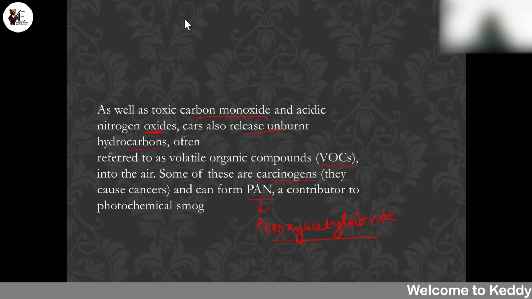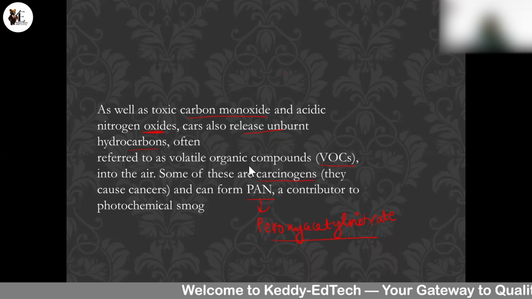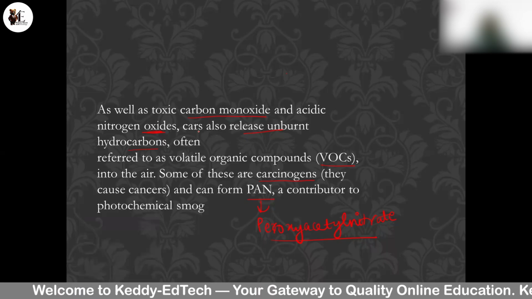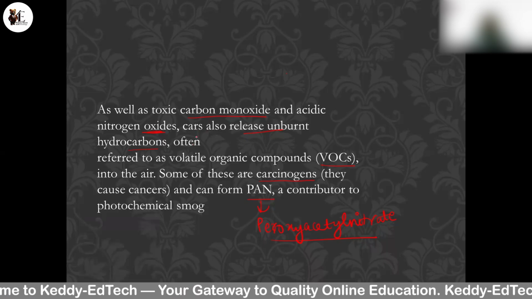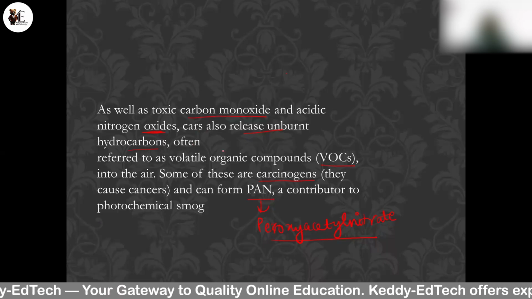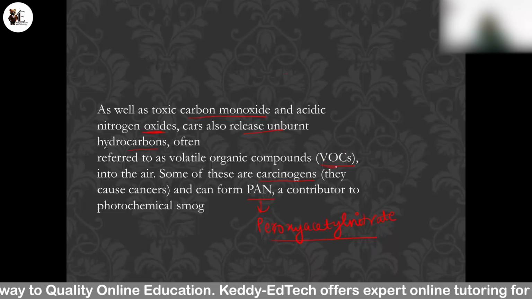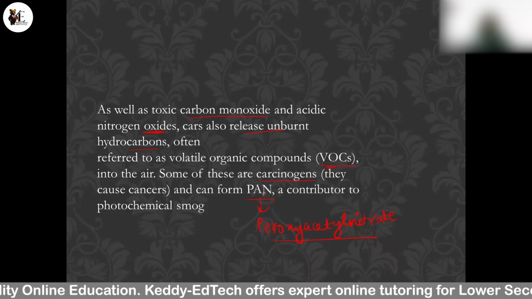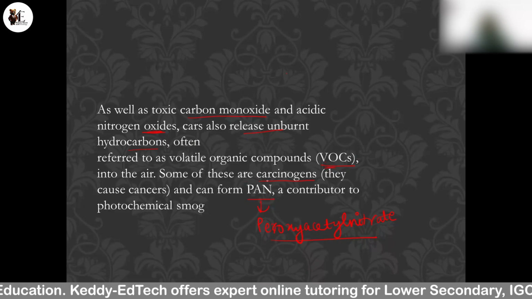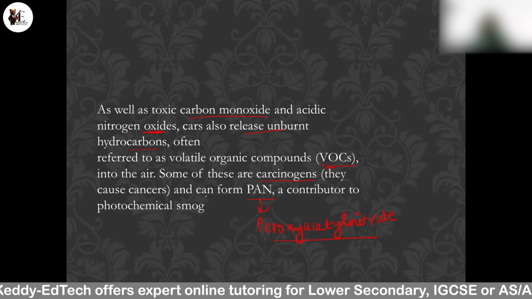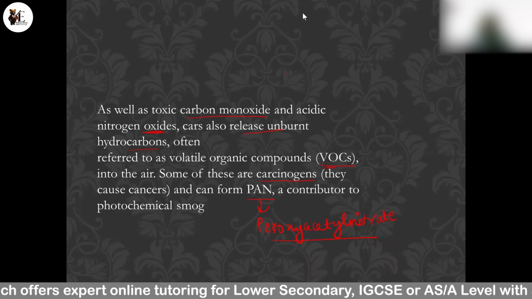We were discussing this in the last class, the incomplete combustion, that carbon monoxide is released, and we have studied the harmful effects of carbon monoxide. So they release unburned hydrocarbons, volatile organic compounds, into the air, which are carcinogenic, which can cause cancer, and which can form PAN, a major contributor to photochemical smog.